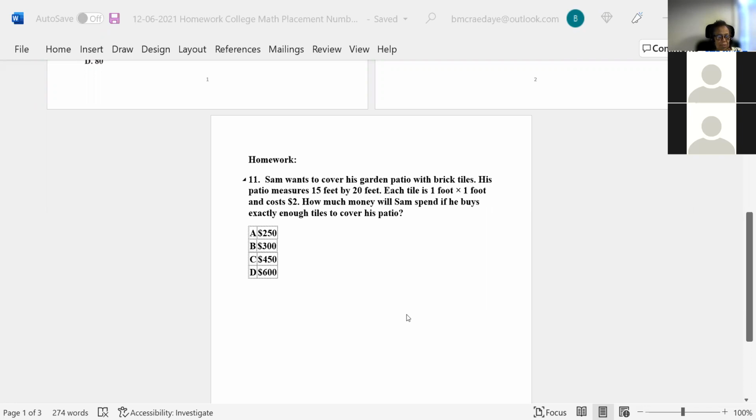That was the one where I said you had to find the area. I emailed that to you. That was the last homework problem from last time that we didn't get to. And then we have some other problems we'll look at at the top of this worksheet.